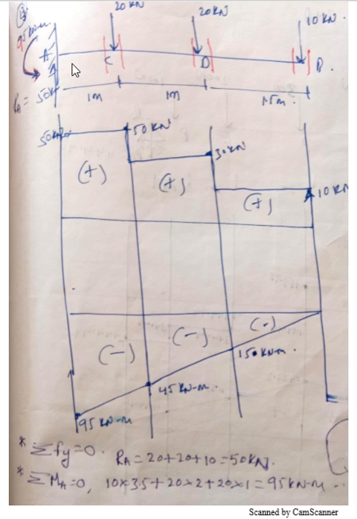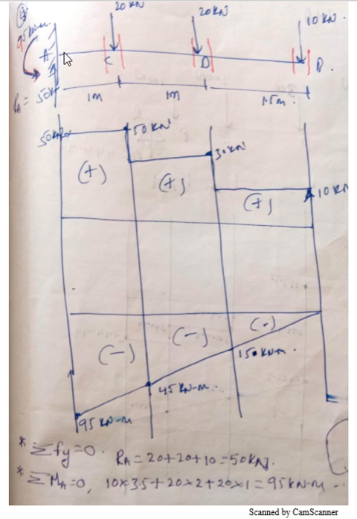Similarly after this section, if I consider this section at this point, then what I need to do is come from the right side. Now when you are considering a cantilever beam, there are two sides, one to the right and one to the left. Don't consider the left, consider the right.